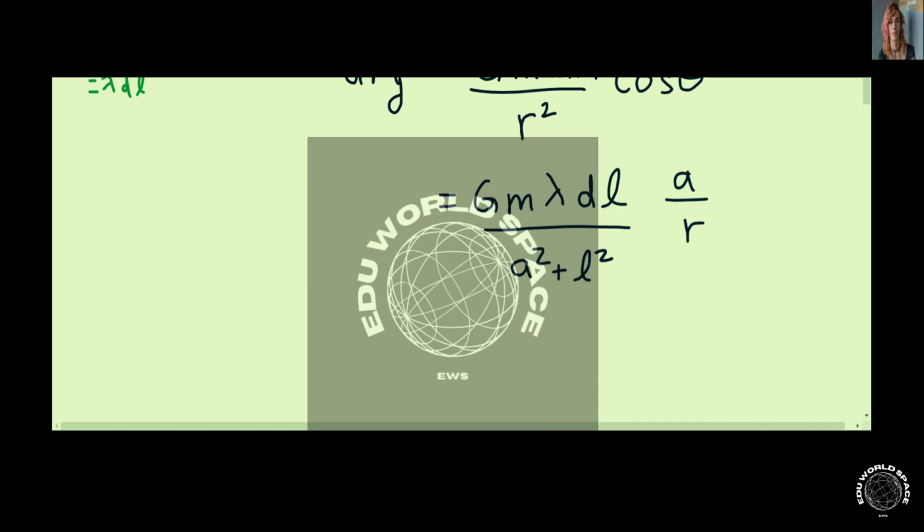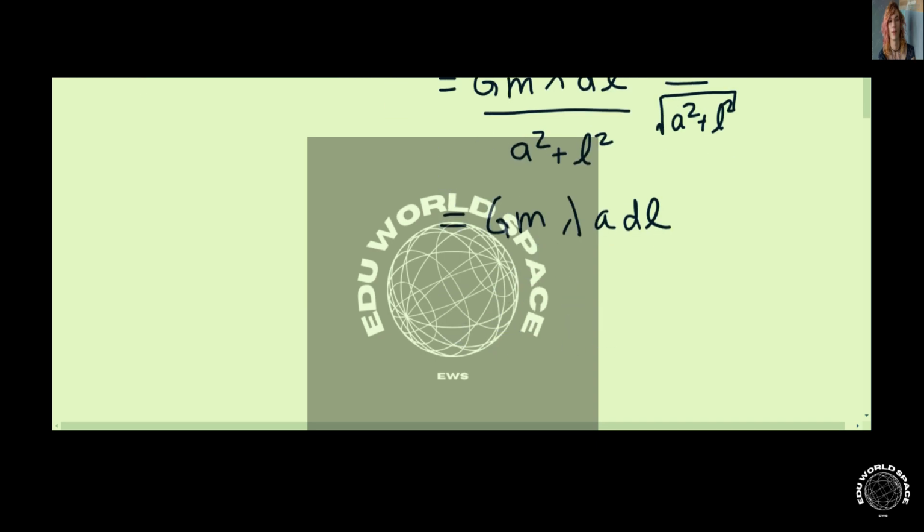But R, we can also just write that as, instead of R, the square root of A squared plus L squared. And so in total, we get this new formula that is just in terms of the variable L. And this is really great because we can just go ahead and integrate this.